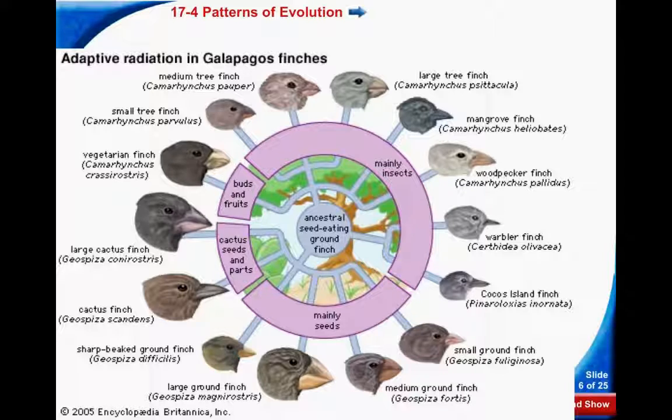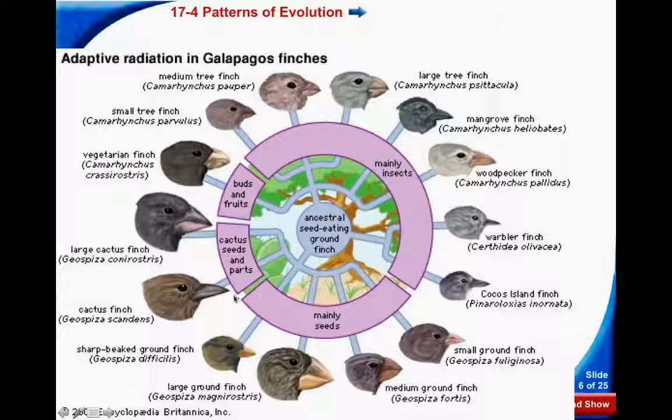So moving on to this, what this shows is just the diversity in the types of finches. We've seen this before, but as you can see, it's all one type of bird, but we've got the strong beaks for the fruit eaters and the bud eaters, and the sharper beaks, right?